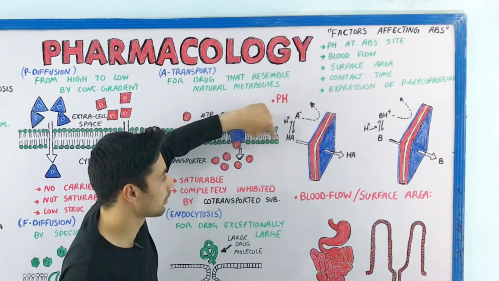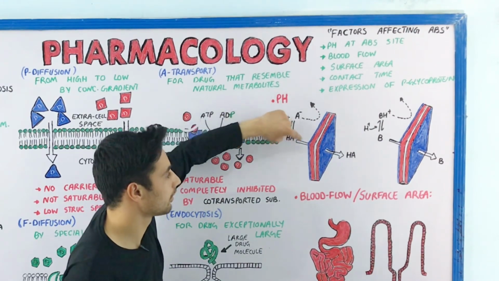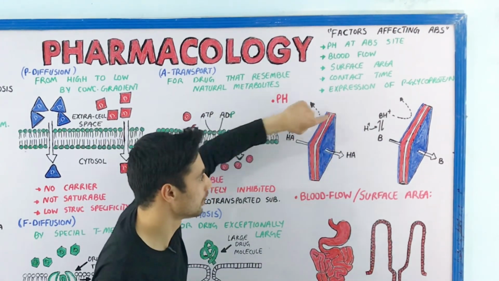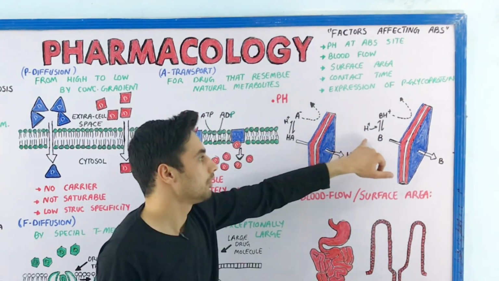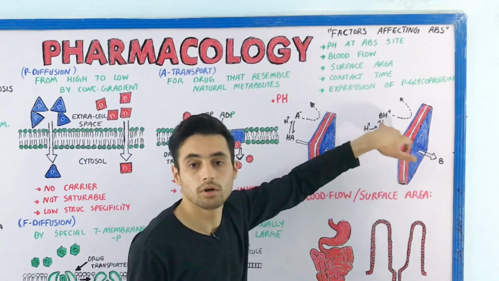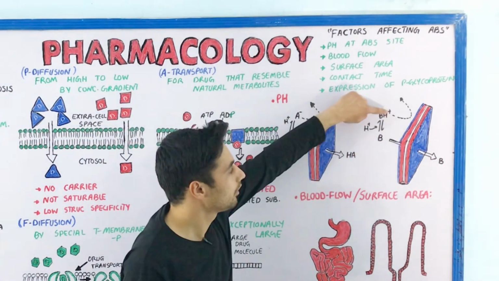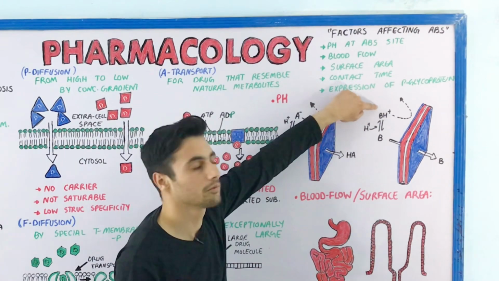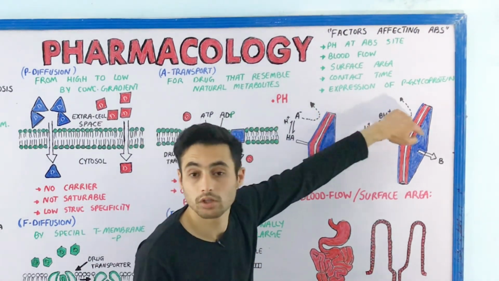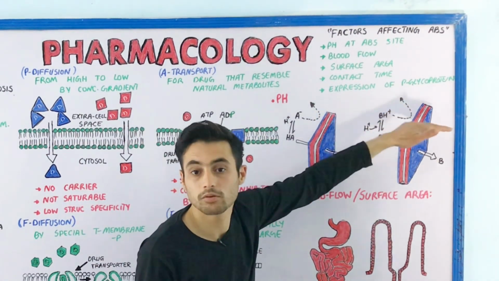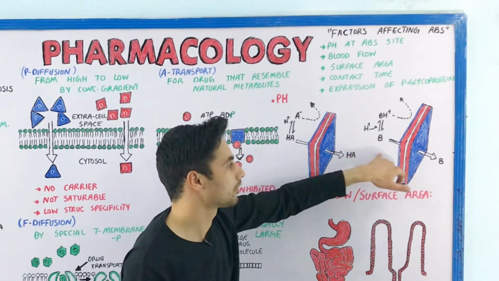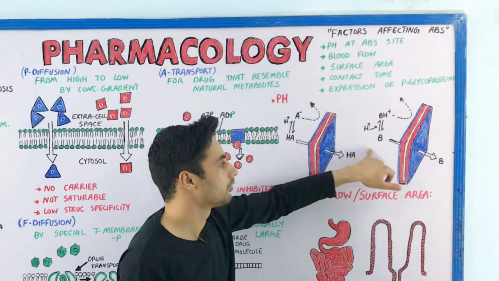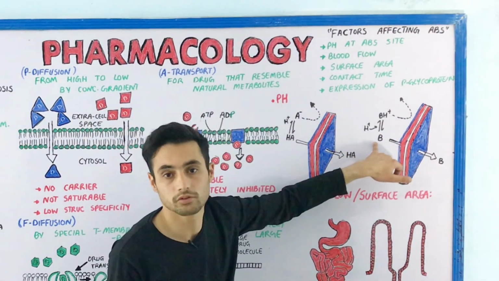So the acidic drug will always pass in the form of HA form through the lipid membrane. If you look at the basic drug, it will be passed again in the uncharged form. When it is protonated, it has positive charge on it, so it cannot cross the lipid membrane. It will be repelled by the lipid membrane. It will always be transported in the neutral, uncharged form.